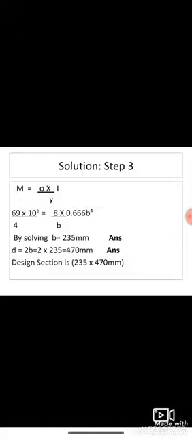M, 69 into 10 raised to 6, is equal to 8 into 0.666 B raised to 4 divided by B. By solving we get B is equal to 235 mm. Then D is equal to twice B, that is 2 into 235, which is 470 mm. So the design section is 235 into 470 mm.